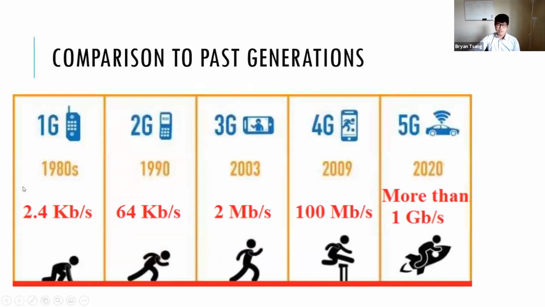Yeah, so I borrowed this graphic off of Google Images. I just thought it was really interesting comparing the generations of cell phones. We have this graphic from analog communication all the way to 5G.